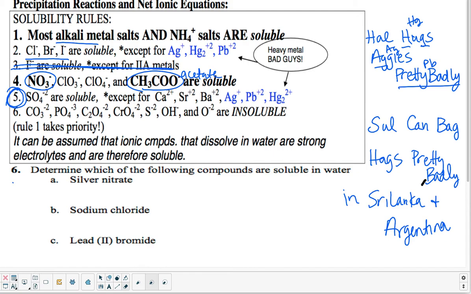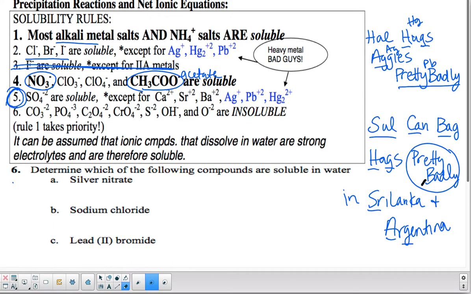So what this stands for is all sulfates are soluble except for calcium, barium, mercury, lead, strontium, and silver. Okay? You're more than welcome to come up with your own sayings. And if you come up with an amazing one, let me know. I'm all about adopting new ideas.